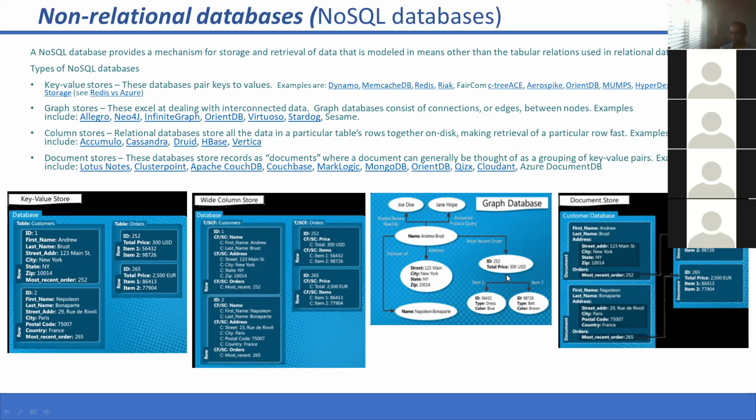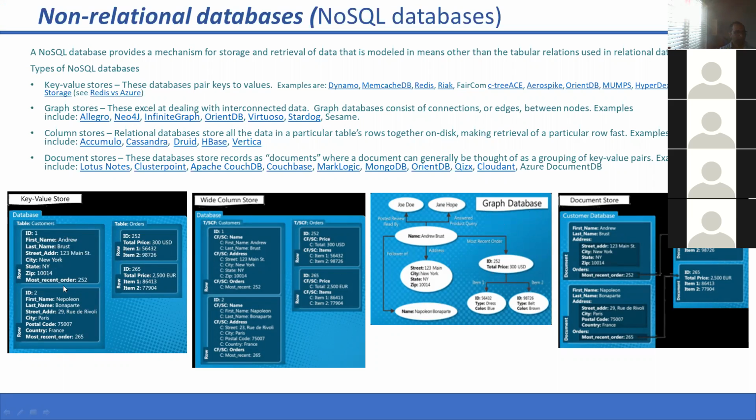These are 4 basic kinds, but there are many more that have come up now. So if you consider these 4 ways, here you have all the attributes of a single person stored in one record. So in one row you find all.